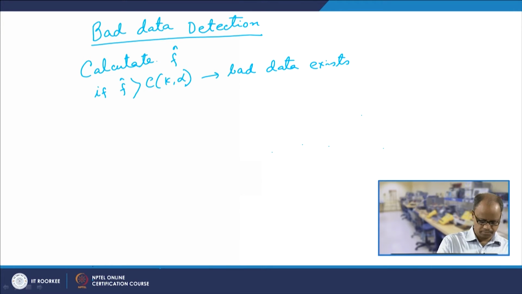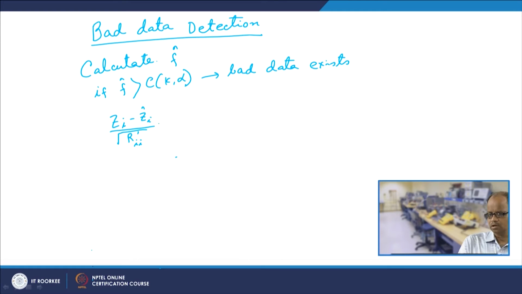Now, to find out which one is the bad data, what we did is we calculated some quantity called zi minus zi hat by root over rii dash.